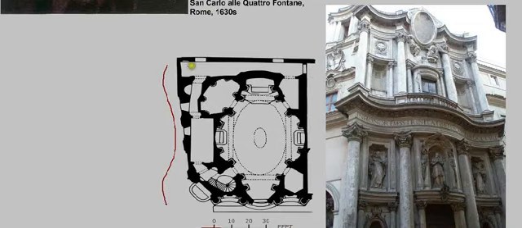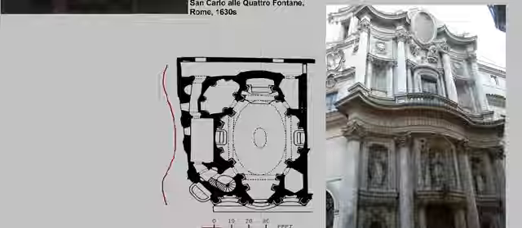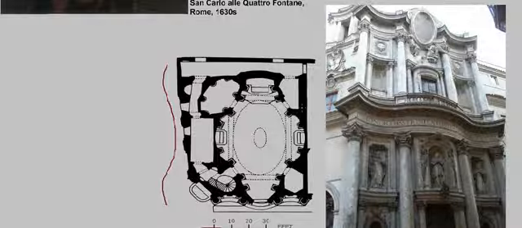And then these straight walls on the two other sides abut other buildings. So Borromini was actually working with a very restricted space here, and he didn't have a lot of room to do whatever he wanted with. Nonetheless, most people agree he came up with a very successful and innovative building.